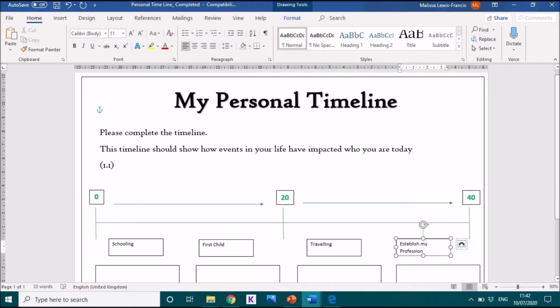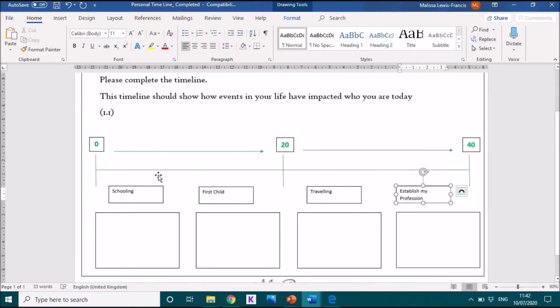So can you see how one event has had a knock-on effect to the next event? One event has impacted the next event, literally in a pattern. And each of these events have been choices that I have made. The schooling, obviously it's by law, you have to go to school.